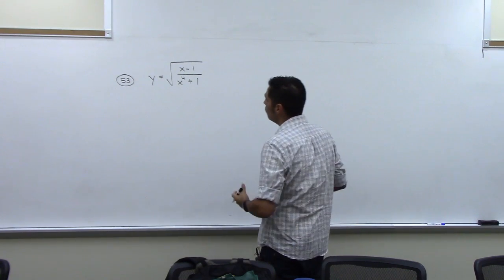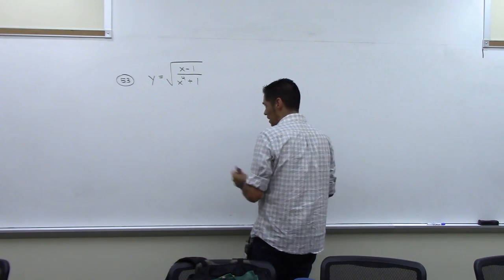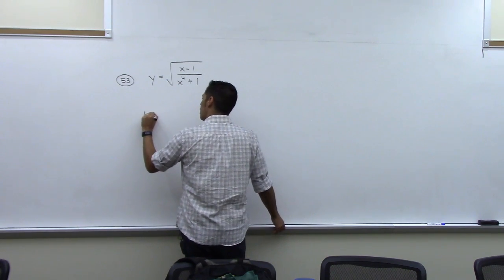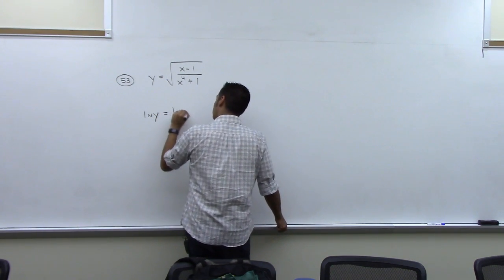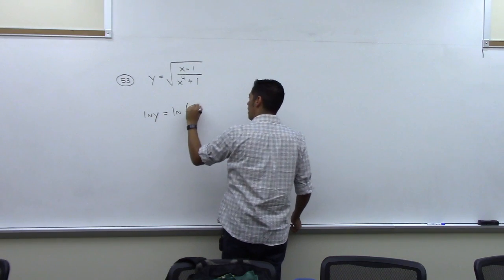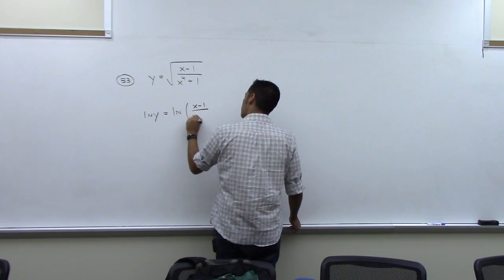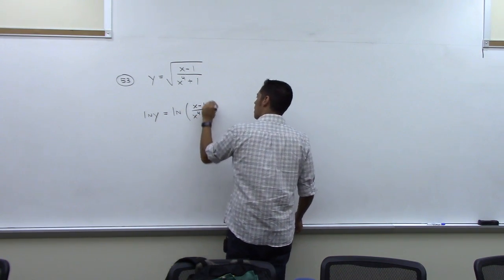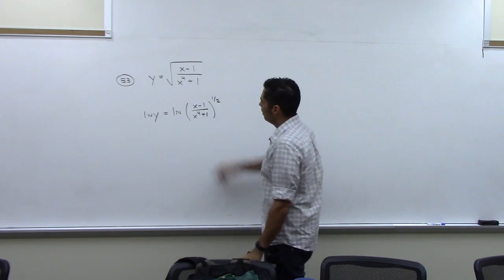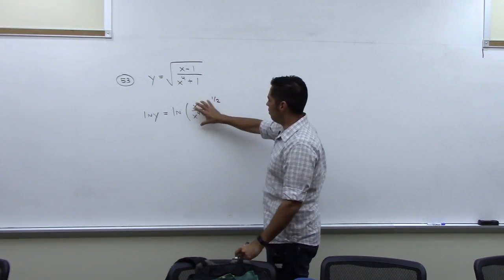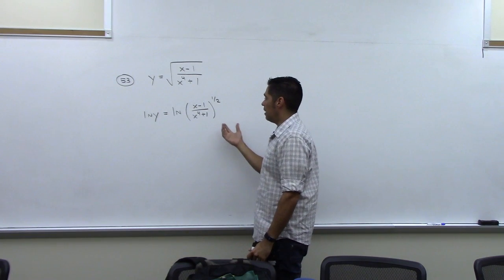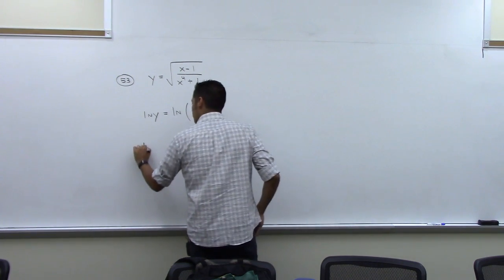I could do chain rule with some quotient rule in there. Let me try this logarithmic differentiation. Take natural log on both sides. And keep in mind that this right here can be rewritten as that to the 1/2, because the square root of that whole expression means raise the whole expression to the half. Now I'm doing that because I can drop the 1/2 out in front.